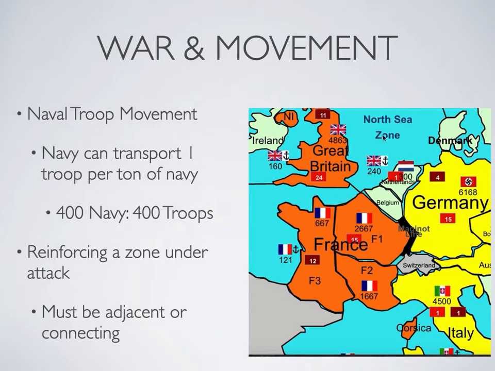War and movement. Okay, we're going to show a little example here about how we conduct an actual move. So we're going to say that Great Britain is going to be attacking Germany with 400 troops, and that means they're going to have to move in some more Navy.